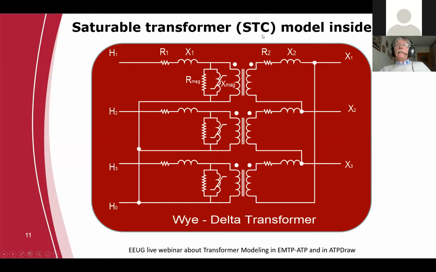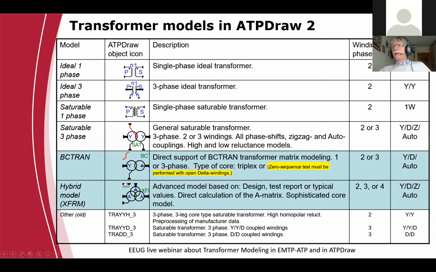Even the model supports different combinations of windings, different winding structures. Here you see that the saturable transformer supports either Y, delta, zigzag, or auto connections.